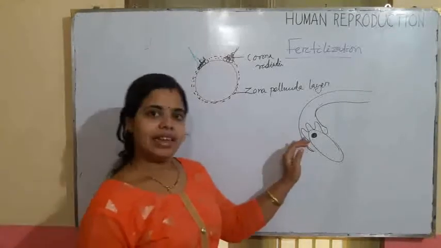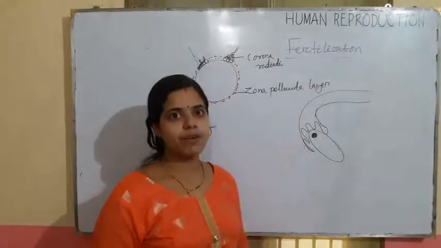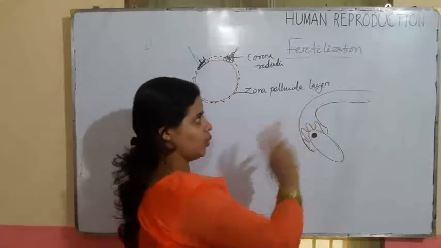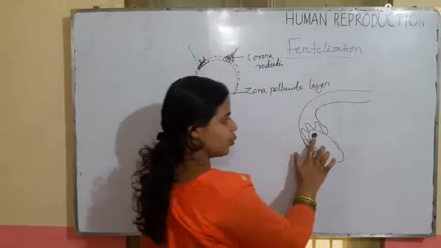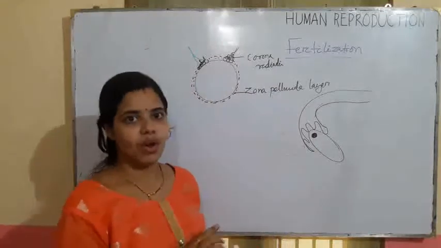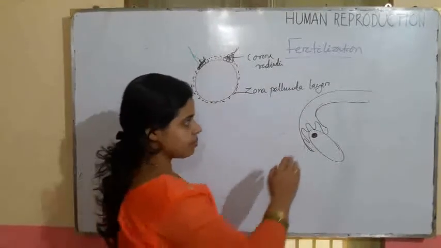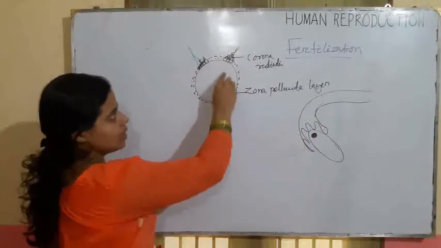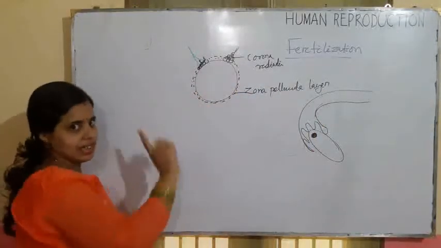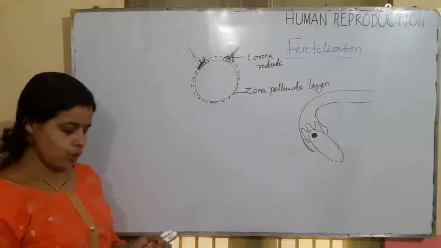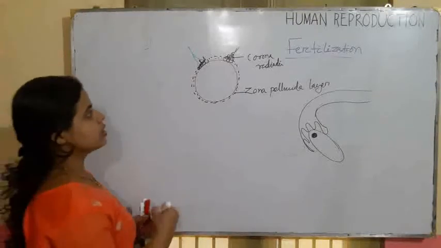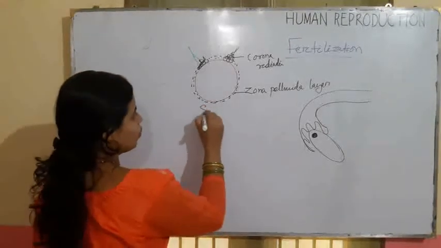In that way only it is released from the ovary towards the oviduct. So this is not a completely formed ovum, right? It is a secondary oocyte, not exactly the ovum.